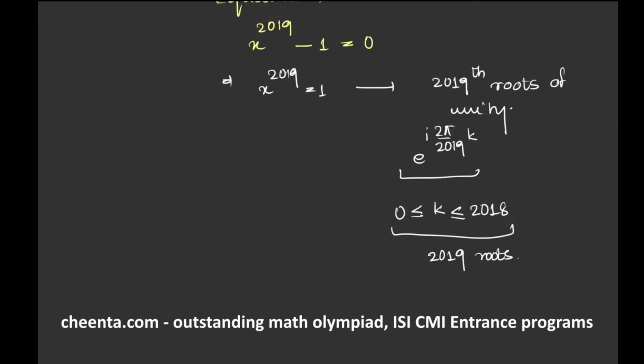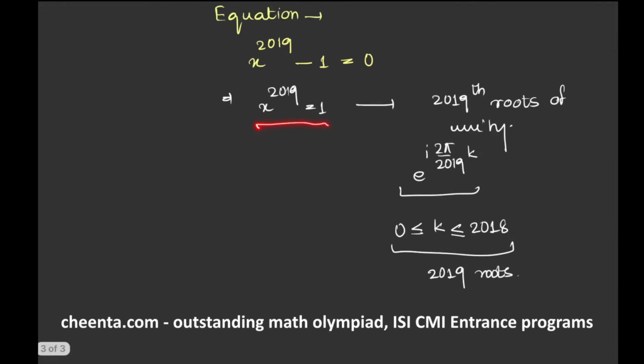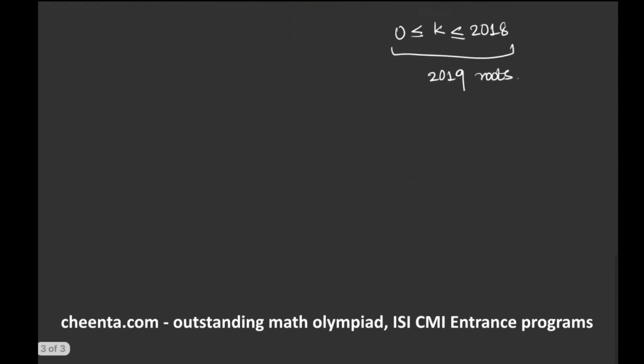Now, we want to find all the roots of this equation x to the power 2019 equals 1 which satisfy the given inequality. Again, we make use of the Argand plane and draw out our solutions. So first, let's draw out all the solutions to the unity. They will lie on the unit circle like this.